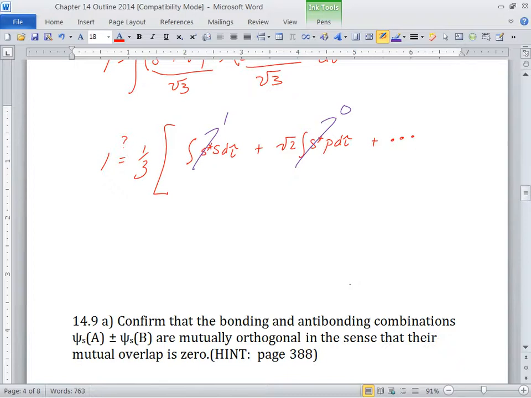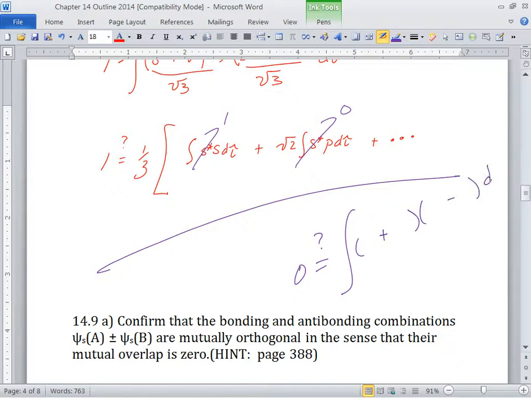So do you see how to set this one up? All you're going to do is show that the bonding and anti-bonding combinations are mutually orthogonal. So orthogonal means set equal to 0. So the plus combination and the minus combination. See if you get 0. And it's everything you said, everything that works just like before.